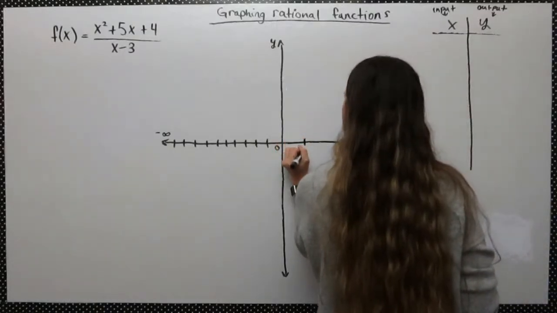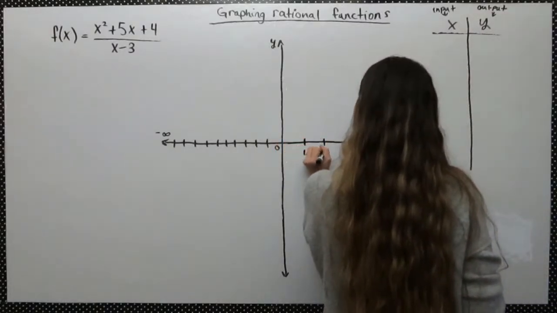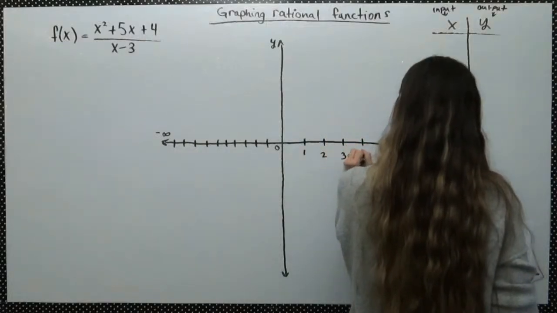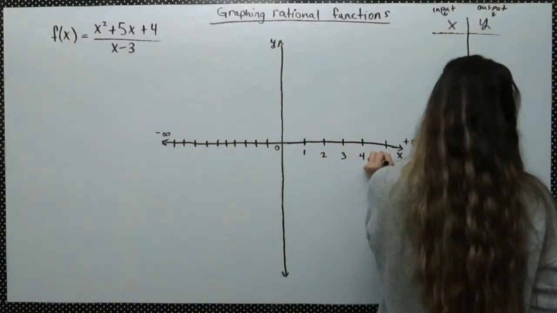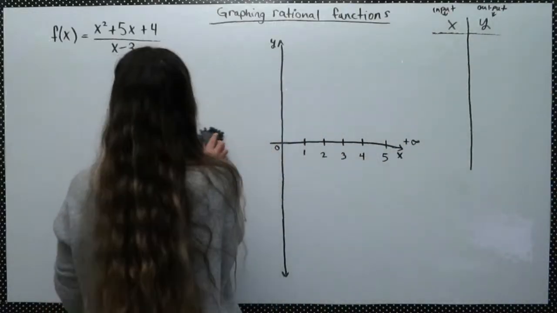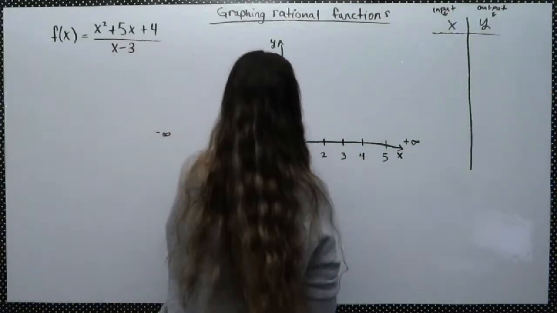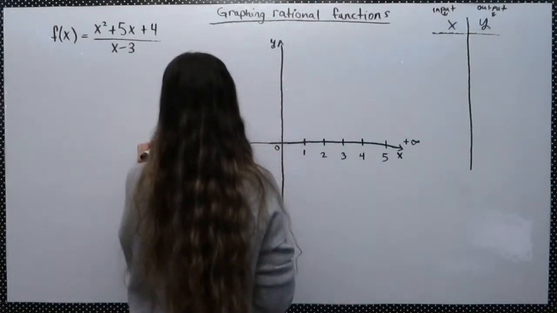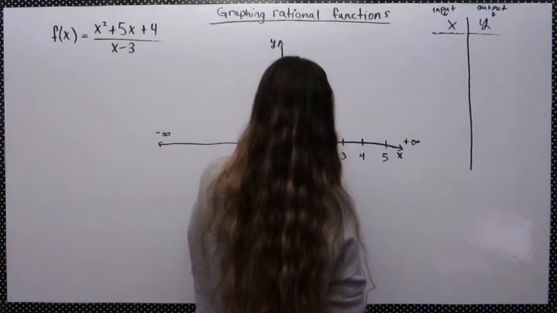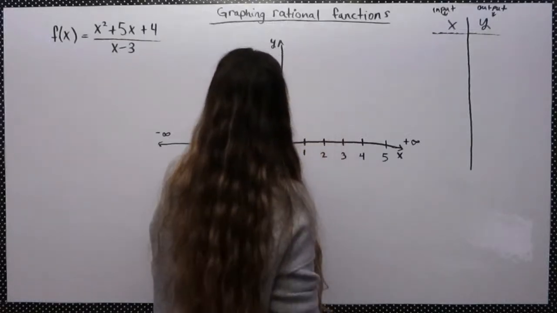So we'll go 1, 2, 3, 4, 5. I think that's better. It's more clear. I'll erase this one, of course. But again, this is just me practicing, and it's been a while.